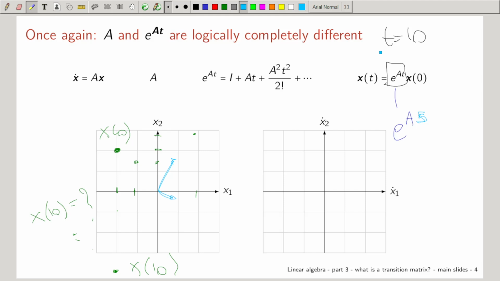For every specific t, I have a specific A, and this one for every point tells me where I go in that t seconds, milliseconds, hours, years, whatever it is. Okay, first component. Second component is that those objects here, they change with time.